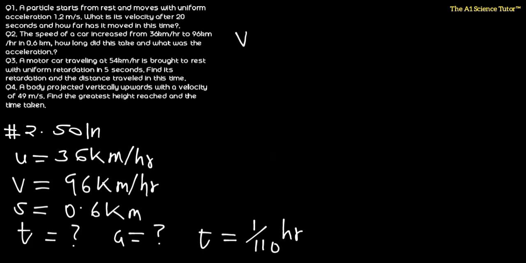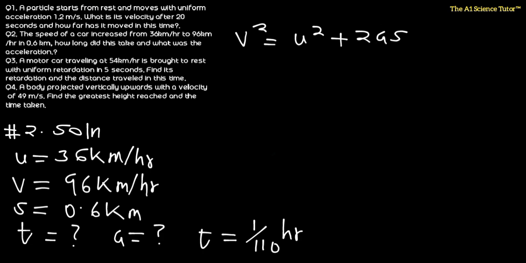So we know that v squared is equal to u squared plus 2as. Now we are particularly using positive because we have acceleration. It is not actually a retardation or a deceleration. So that is why we need a positive instead of a negative. So we need to find the acceleration.